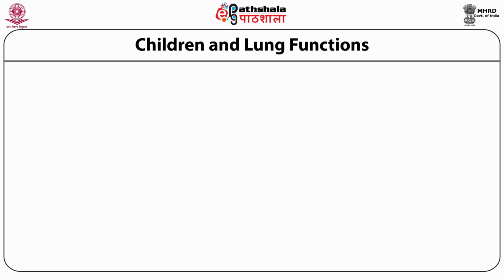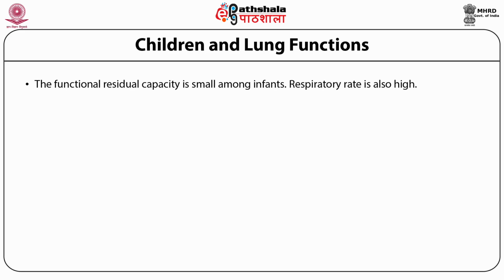In children till puberty, the lung functions are quite related to the stature. The functional residual capacity, for instance, is reported to be small among infants. The respiratory rate is also high. The weight of the infant as well as the age determines the consumption of oxygen.